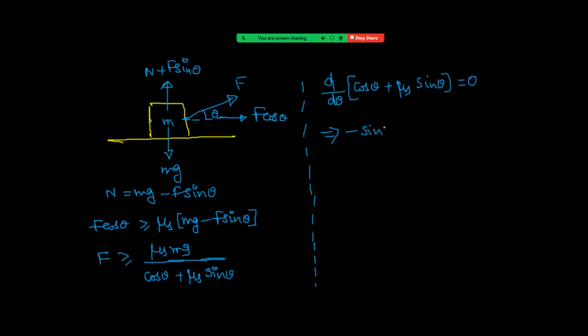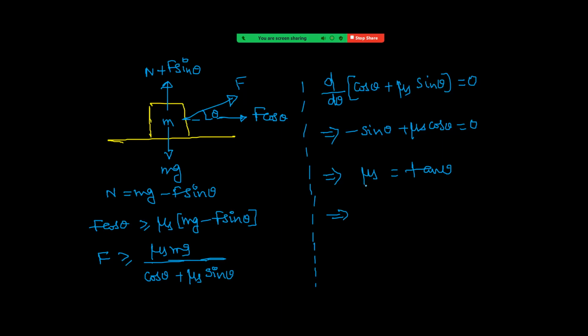So the derivative: minus sin theta plus mu s cos theta equal to 0. From this, what can we write? Taking sin to the other side, we get mu s is equal to sin by cos, that is tan theta.